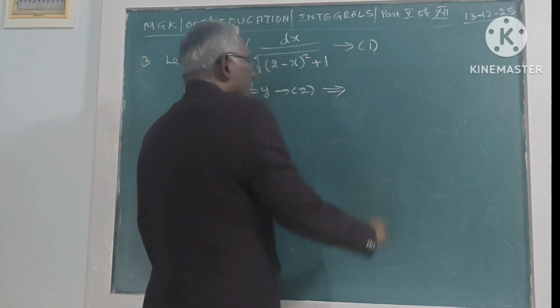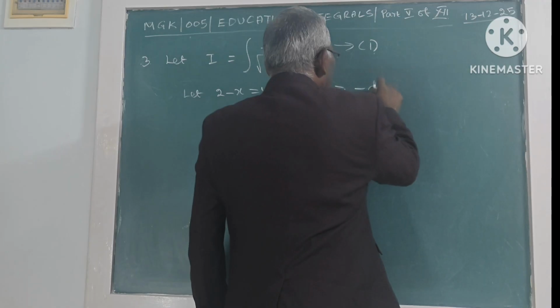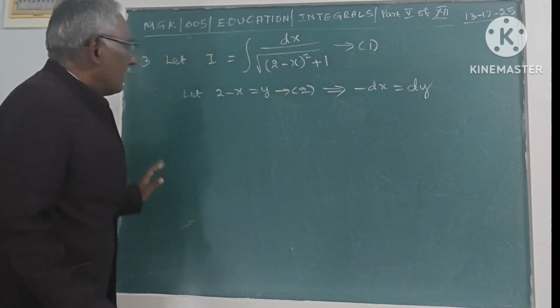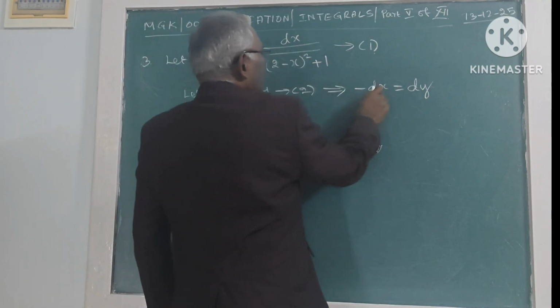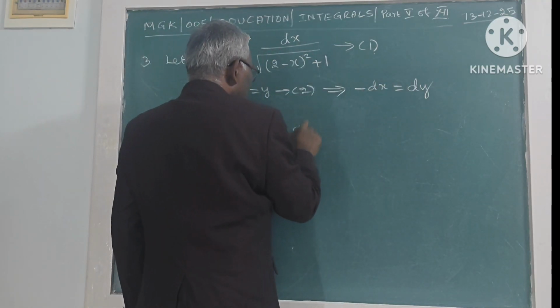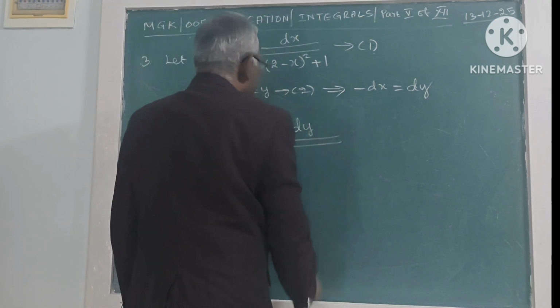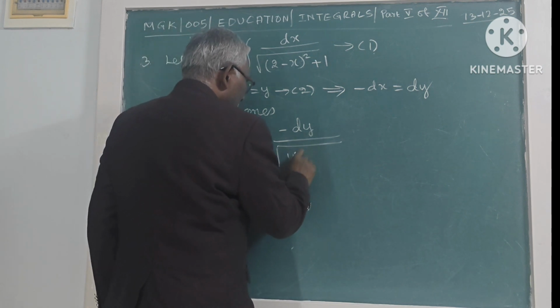So if we differentiate, minus dx is dy. Therefore dx is nothing but minus dy by square root of y square plus 1.